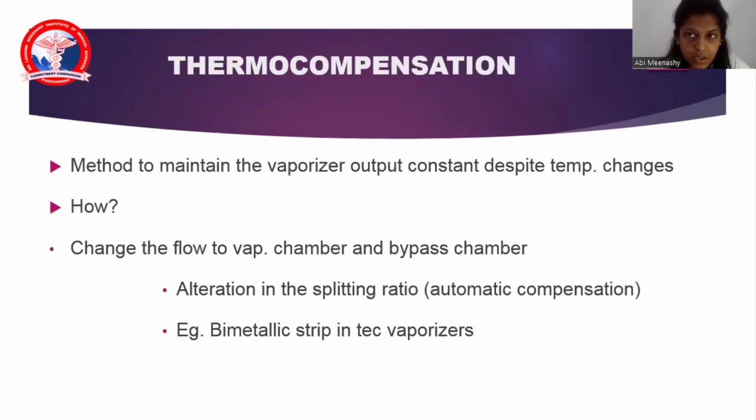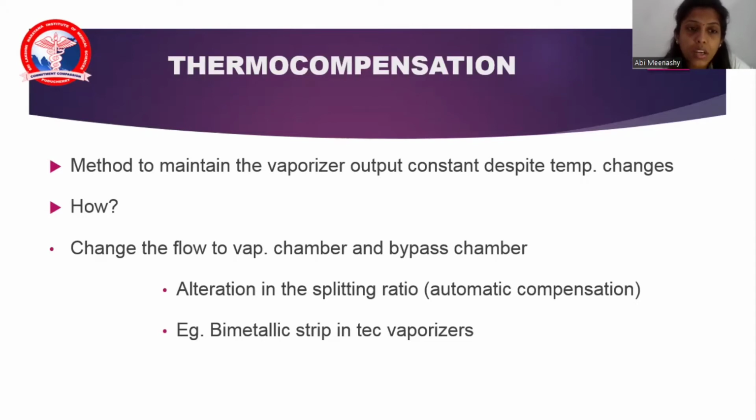Temperature compensation. As you know, we are losing some temperature. We have to adequately give it from an external source so that the vaporization continues, so that the output remains stable. The method to maintain vaporizer output constant despite the temperature changes is called temperature compensation.